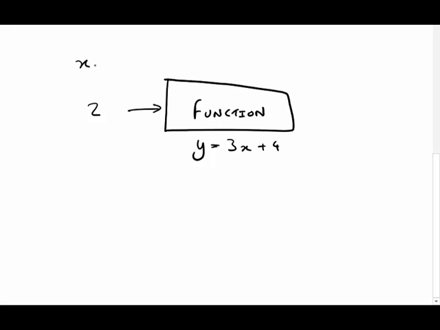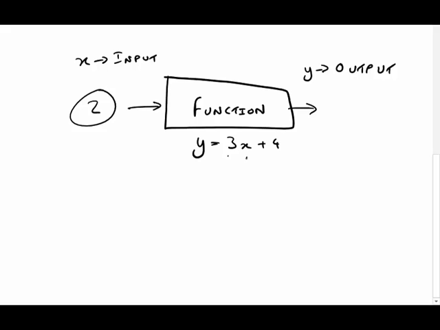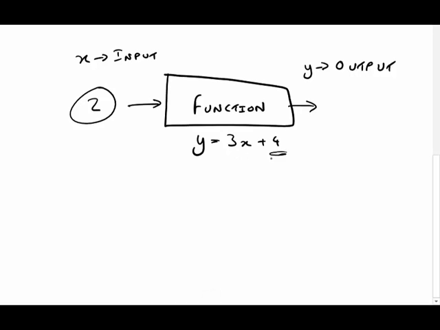So x is our input, and y is our output. When you put 2 in, you get 3 times 2, which is 6, plus 4, which is 10. So our output is 10. A function is where you put a value in, and you get a value out. That's how a function works.